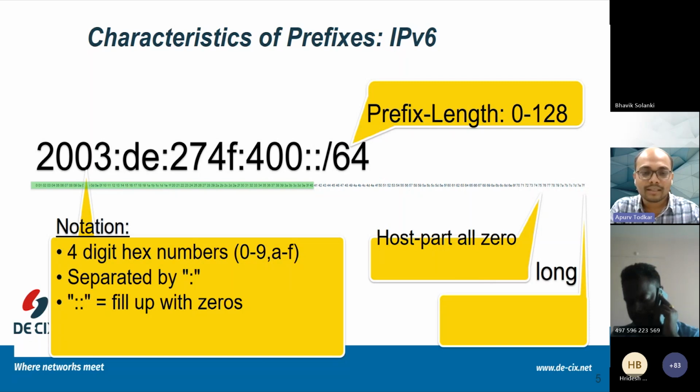So whenever you assign a block to anyone, for example, a Google cache or Facebook cache or any of the networks that you want to subnet from a larger IPv6 block, you generally subnet those networks into /64 subnets so that the assignment can be proper. So /64 is somewhat the standard for the Ethernet network.